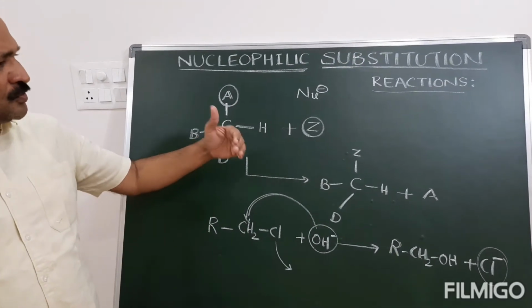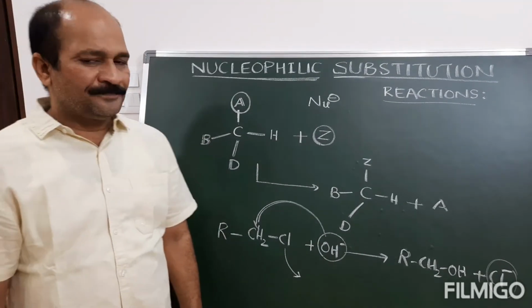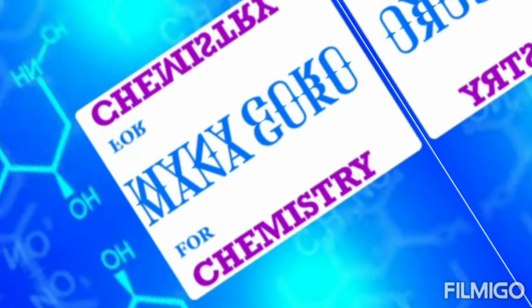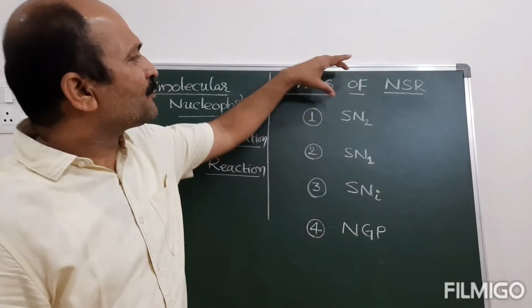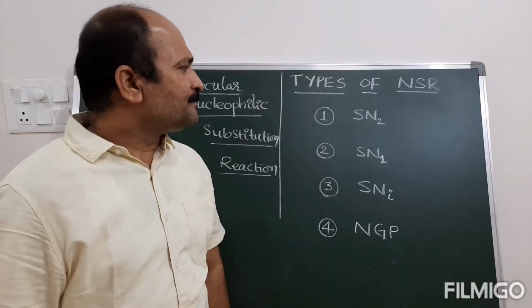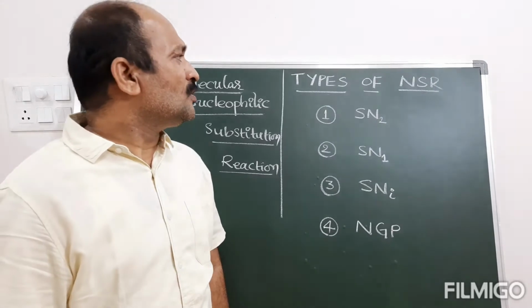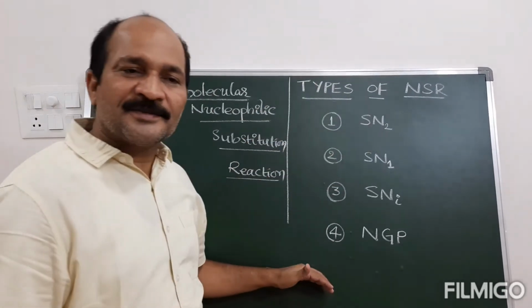Now we are going to discuss what types of substitution reactions there are. Students, what are the types of nucleophilic substitution reactions? On the basis of the mechanism and the factors which influence the rate of the reaction, they are classified into 4 types.